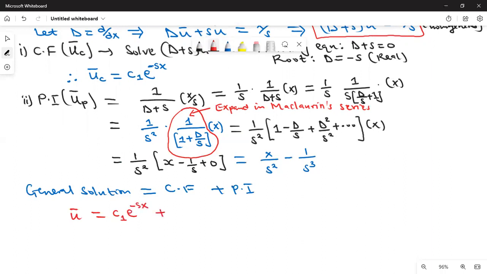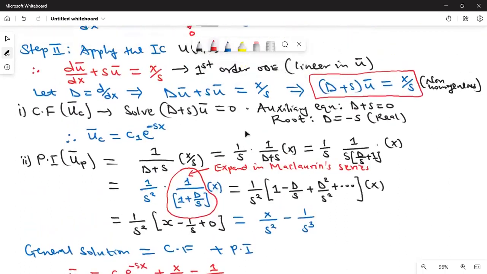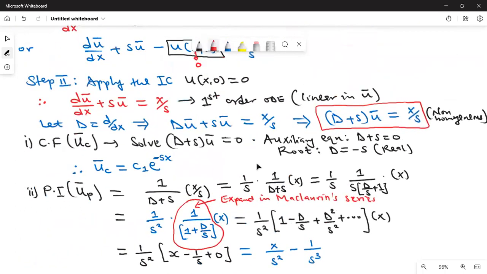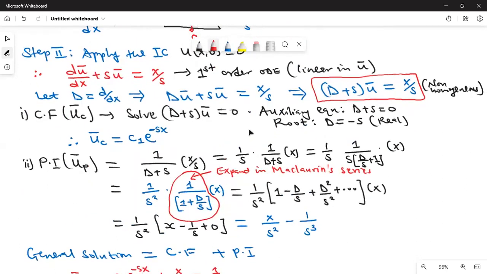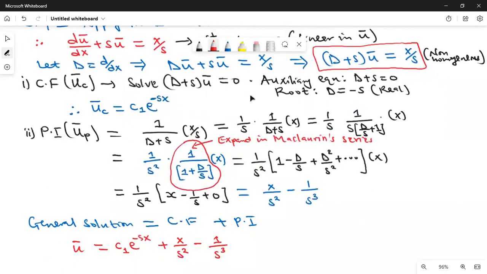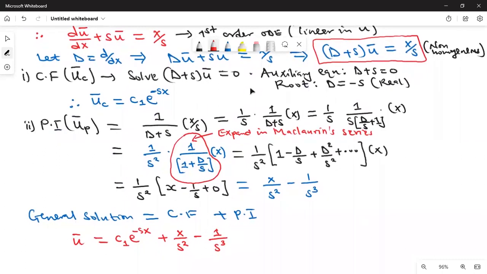Particular integral, we have x over s squared minus 1 over s cubed. Remember, I've used the operator method. You could also solve that equation as a linear ODE by the integrating factor method. You'll get the same result that we have found here as our general solution.